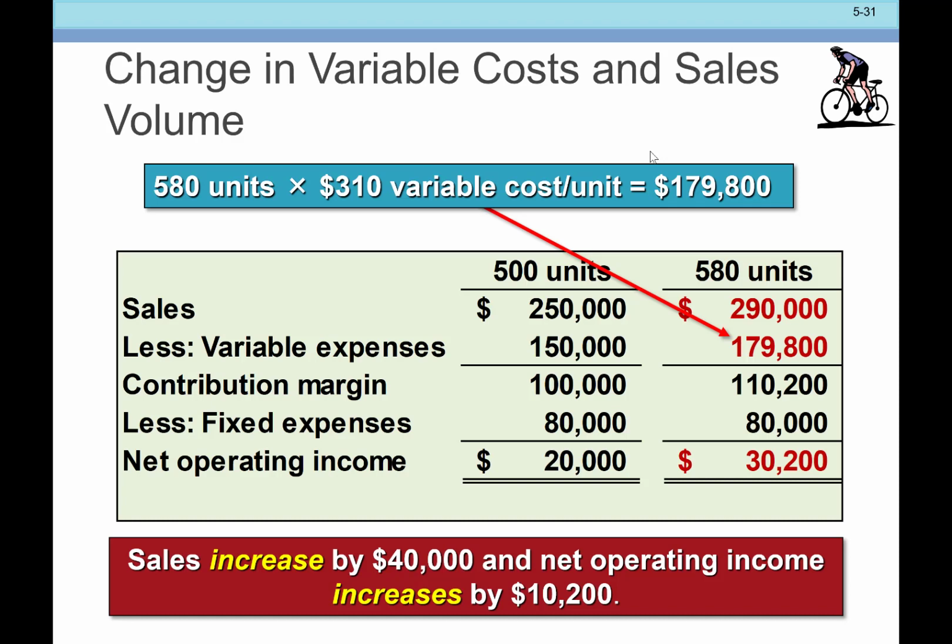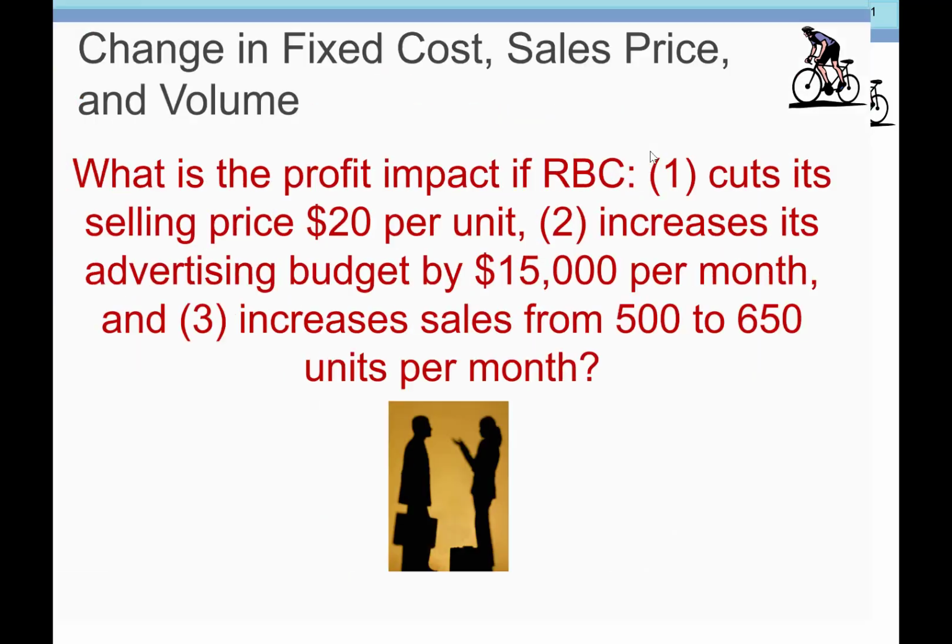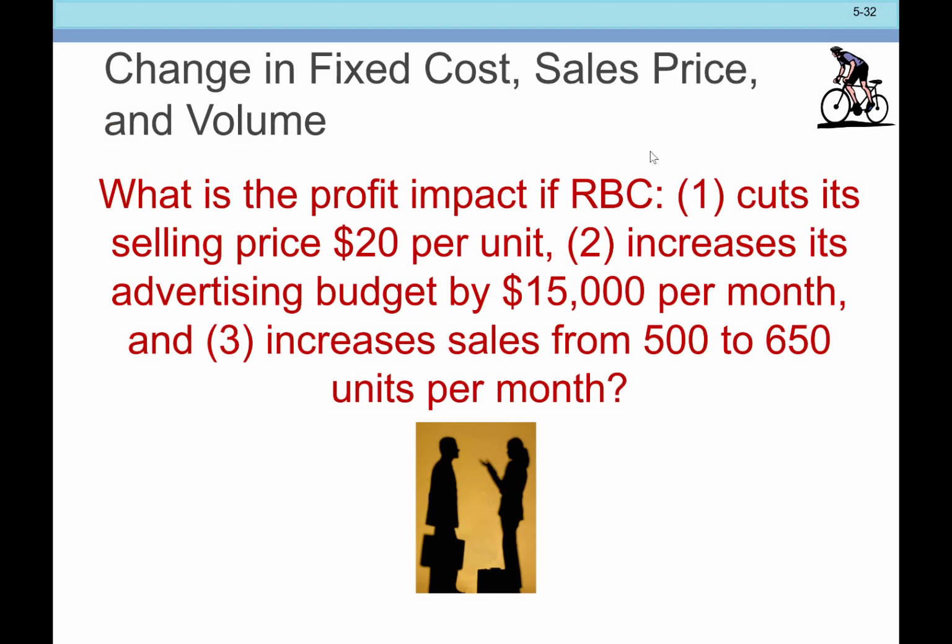There was no discussion of adding advertising or anything like that to affect my fixed expenses. And so this company did what? They did pretty good. They're going to see an increase of 10,200, right? Okay. Okay, good.